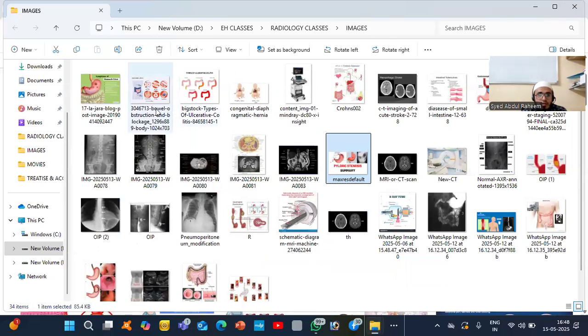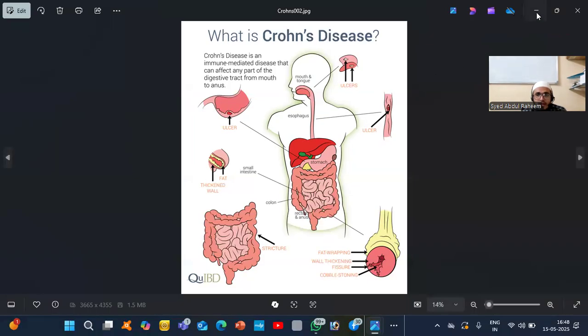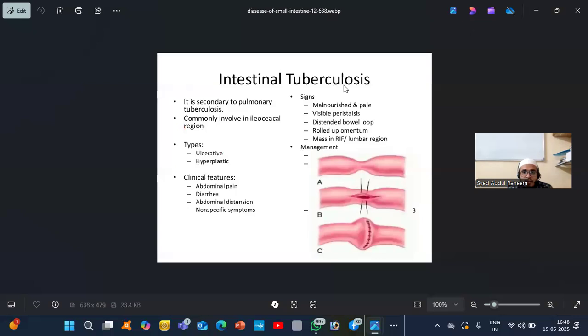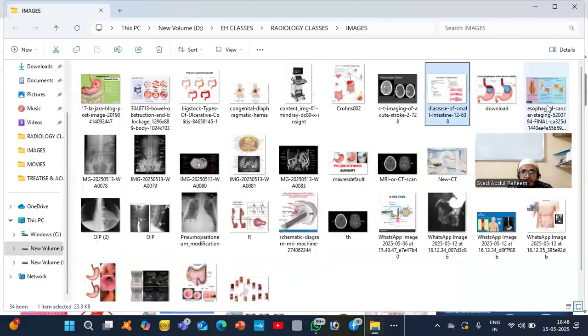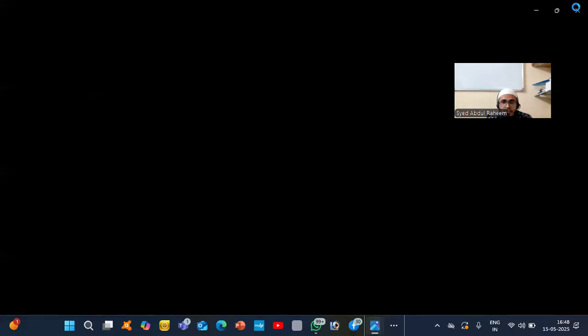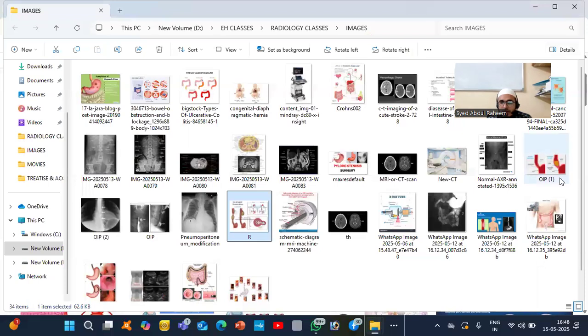First, this is Crohn's disease. Okay, we will discuss. This is TB. I have the image. Next is ulcerative colitis.